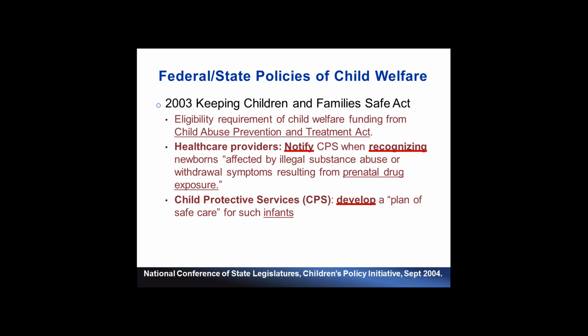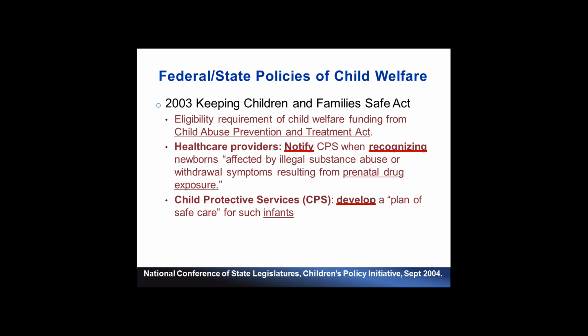And so in 2003, the Keeping Children and Families Safe Act added a new eligibility requirement to get access to child welfare funding under the Child Abuse Prevention and Treatment Act.